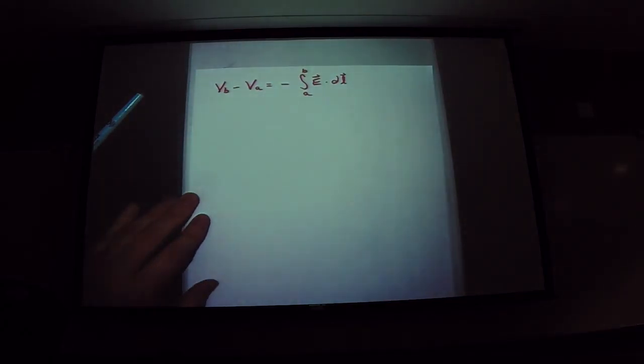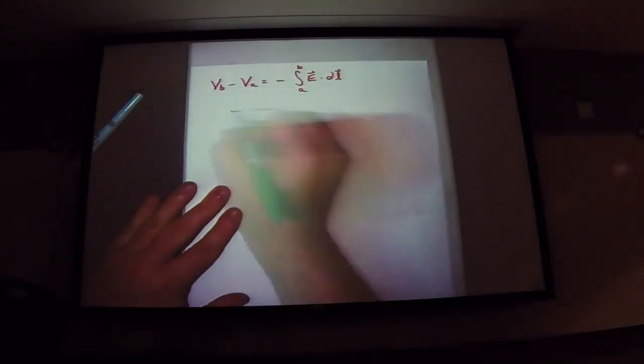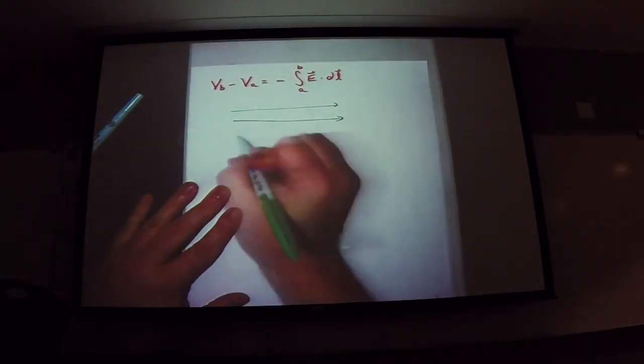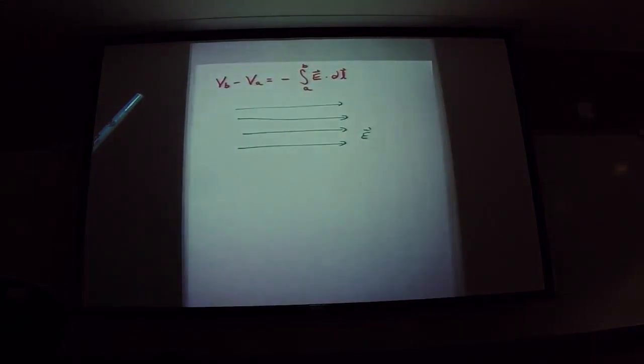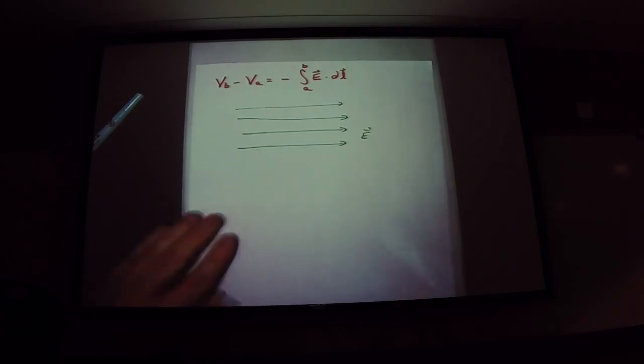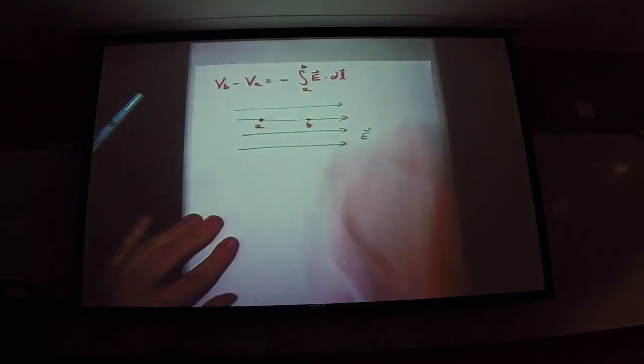I don't like that. Because if I look at an electric field, let's look at a simple case of this. Your electric field is uniform. And I want to go straight along that electric field from A to B.